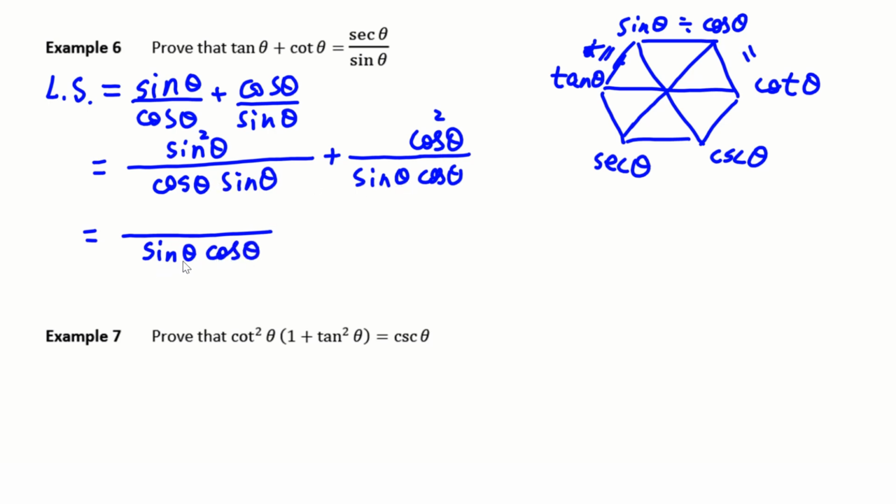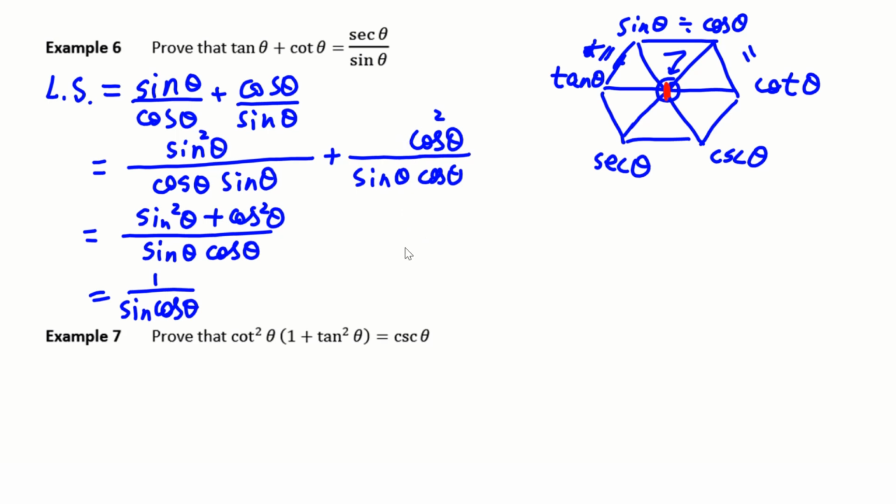The numerator is sine squared plus cosine squared theta, and we know from the hexagon's triangle that sine squared plus cosine squared equals 1. This is Pythagorean. And then it is 1 over sine theta cosine theta.